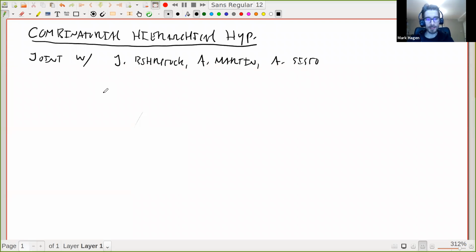So what I'd like to do is, I know Federico gave quite an overview of the original definition, and I'm going to remind everyone a little bit about that. Then I'm going to talk about a sufficient condition for a group to be hierarchically hyperbolic, that you can verify by constructing an action on a simplicial complex with some good properties.